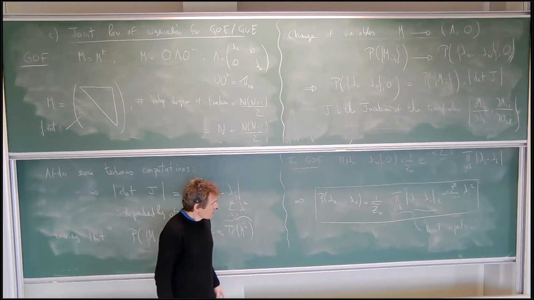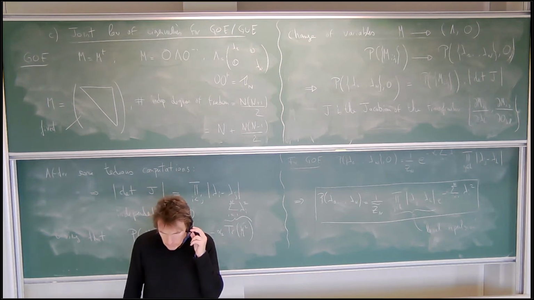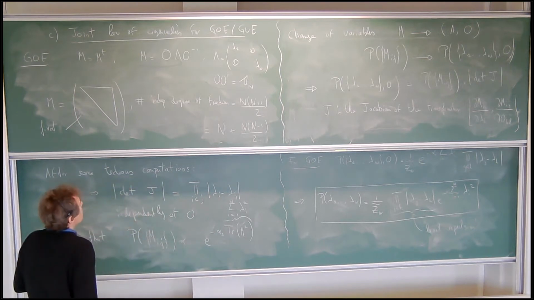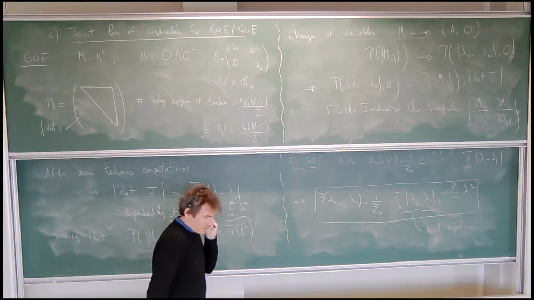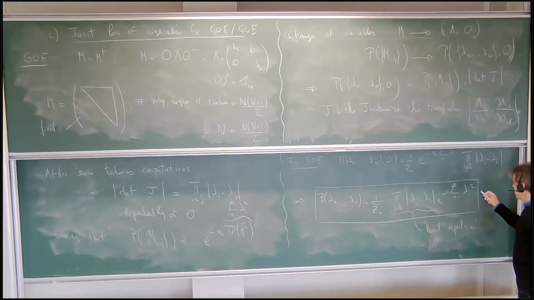Now, another remark. Oh yes, please. What happened to the alpha 2 term? Oh yes, alpha 2. I just put it equal to 0 from the beginning. Okay, so if you had some alpha 2, you would have something additional here.